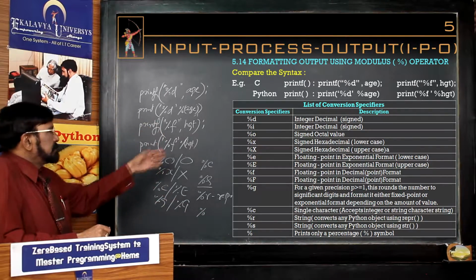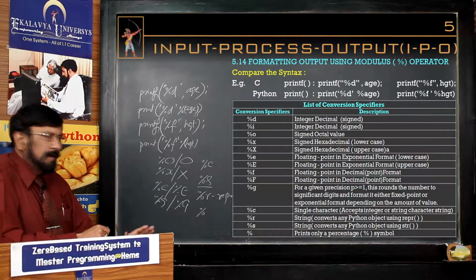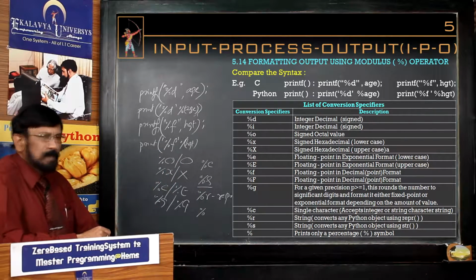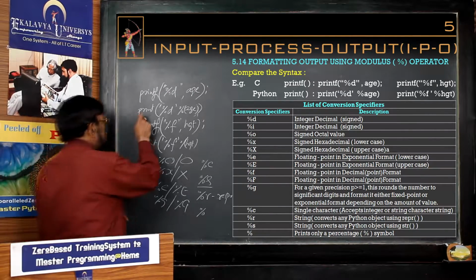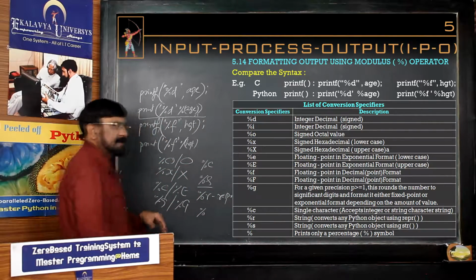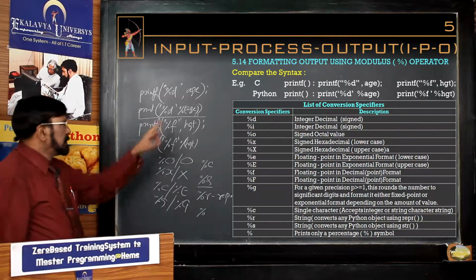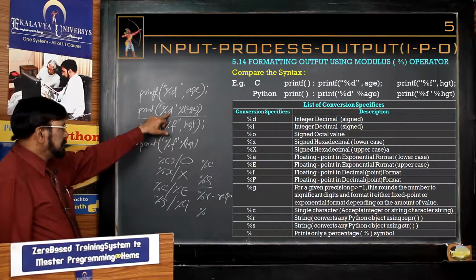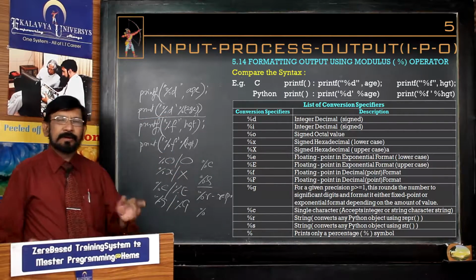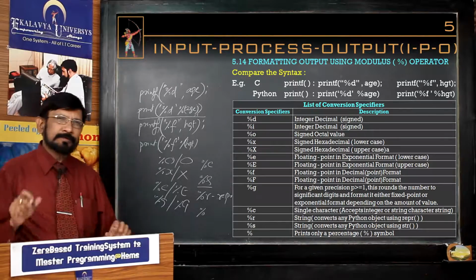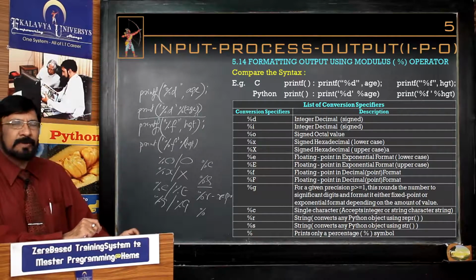All these items I have given in a list, and hereafter in further programs we apply each and every conversion specifier, but you must remember this is our syntax. Here it is decimal integer, here it is float, like that. All types we can use depending on the requirement of our program.